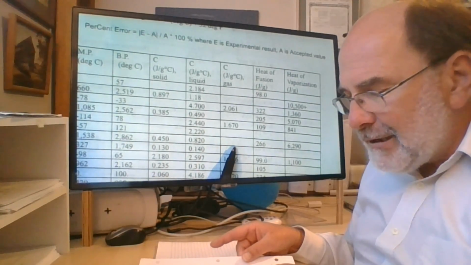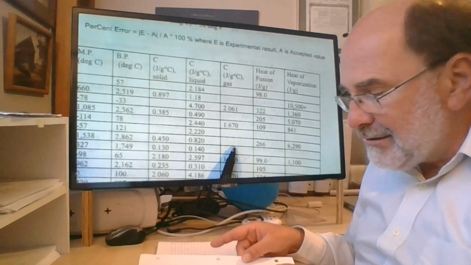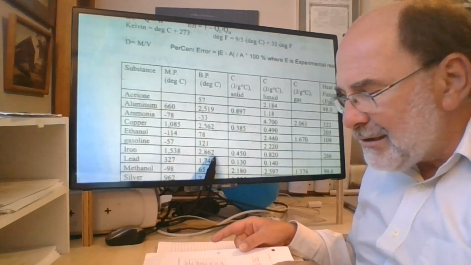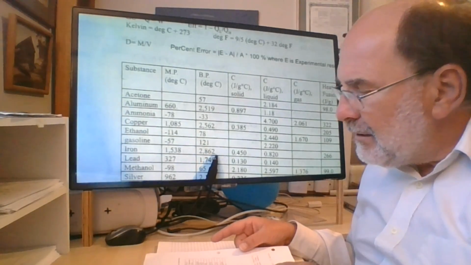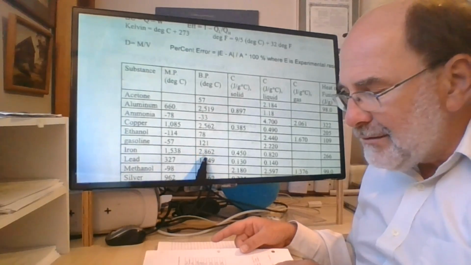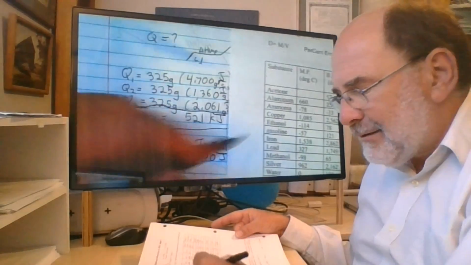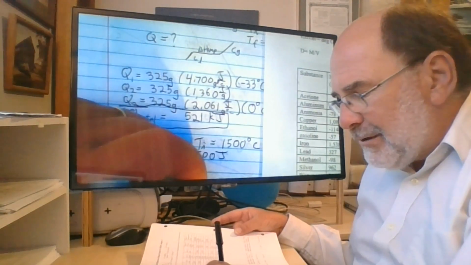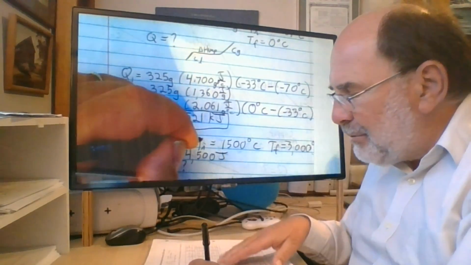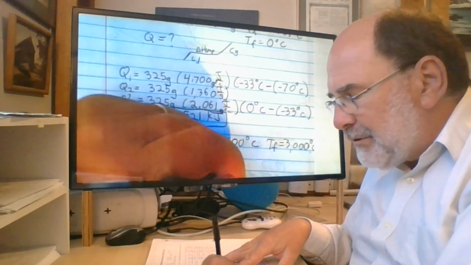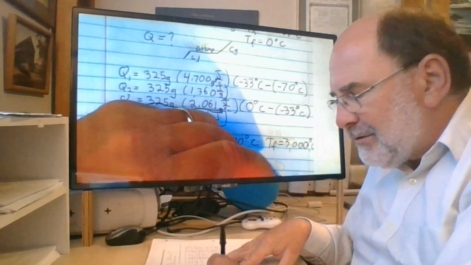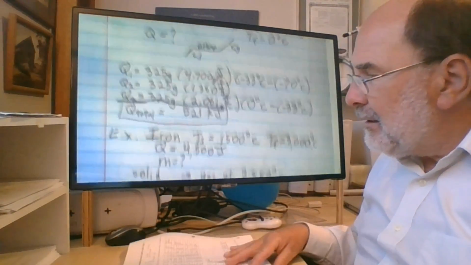I need to create a problem that doesn't go into the gas state. So at most, I could vaporize this iron and have it in the gas state at its boiling point. So let's do that. Let's go all the way to gas at its boiling point, which would be 2,862 degrees Celsius.